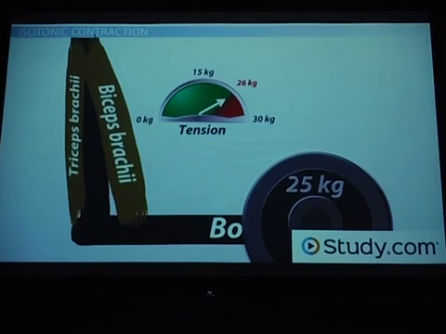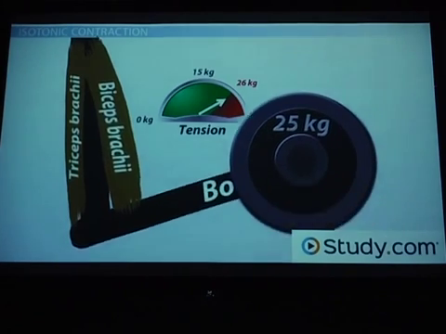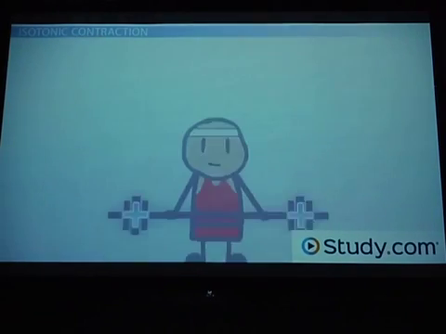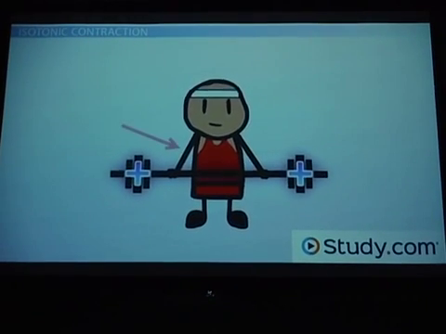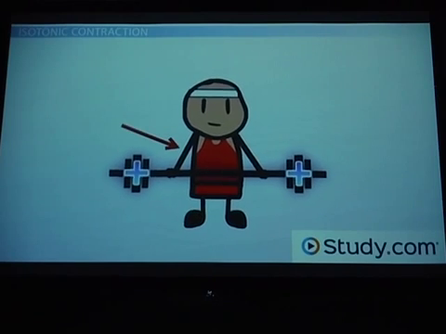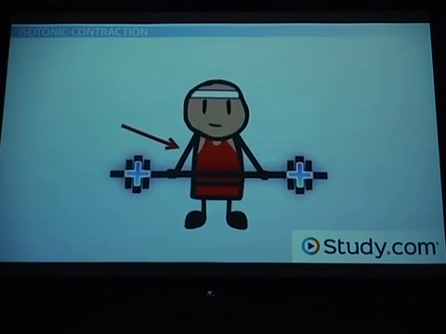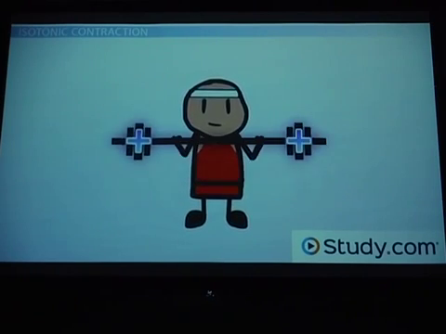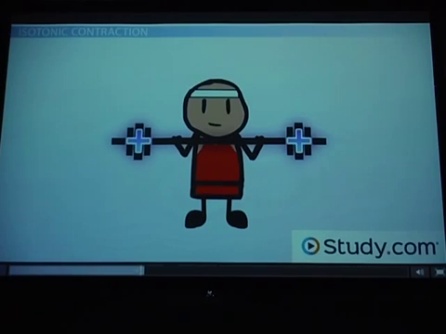Once enough motor units are activated to produce tension slightly greater than the load, the muscle can then shorten. If you try this yourself, you will notice tension developing in your muscle even before you move your weight. Once muscle tension slightly exceeds the load, muscular contraction can then be used to shorten the muscle and move the load.